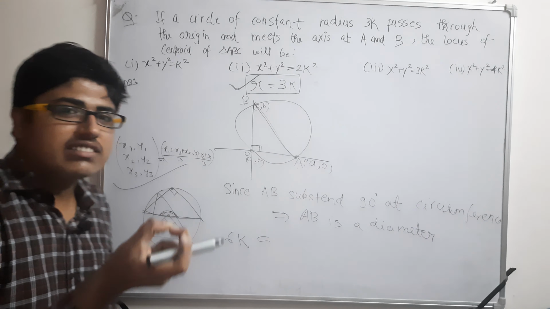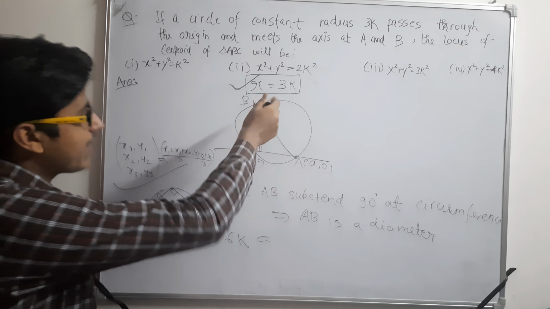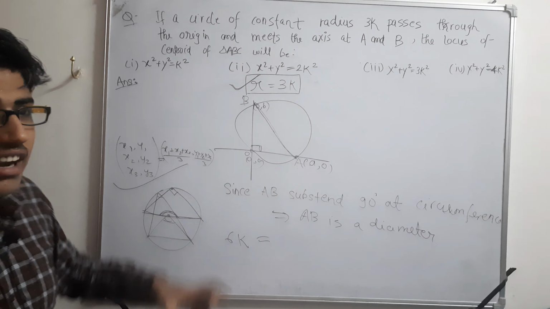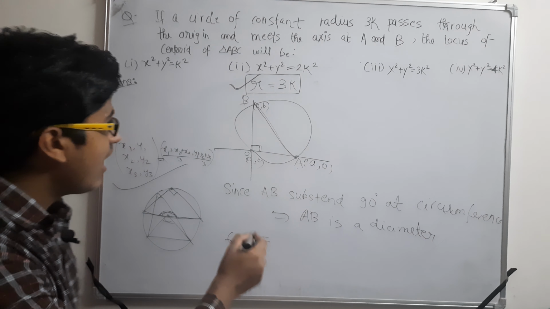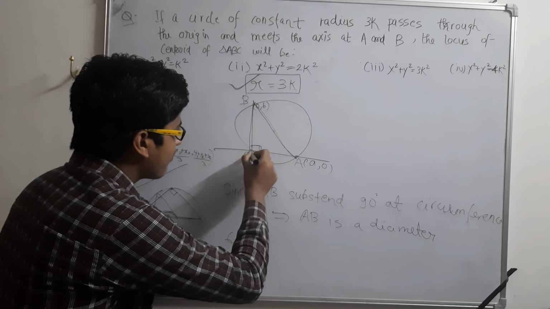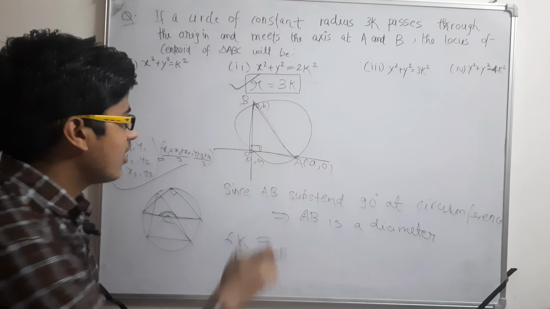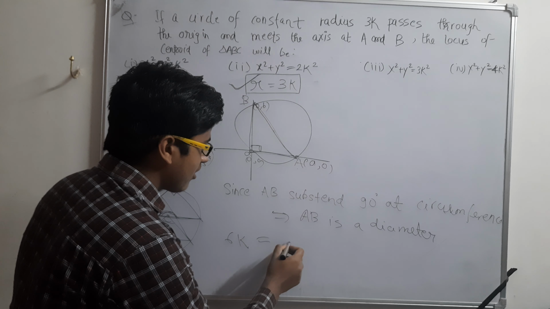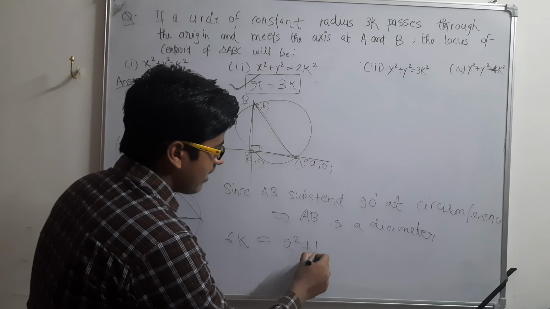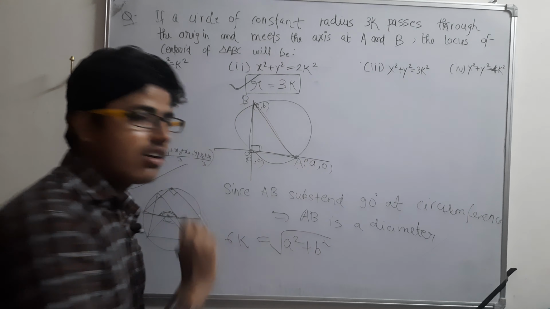We want to relate this a and b to k, since we are getting the centroid in the form of a and b only. So we are writing the diameter in two forms. One is 6k and the other is by the Pythagoras theorem. This is a and this is b. So Pythagoras says the length is the square root of a squared plus b squared.